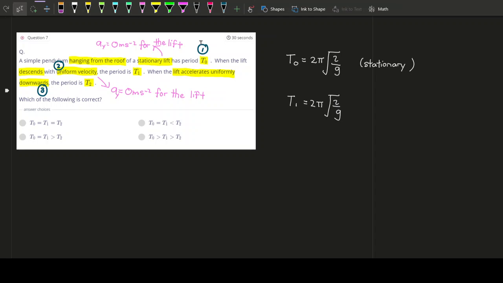For these two cases, since they are equivalent to each other, uniform velocity is equivalent to at rest, it's just that at rest the velocity is 0. It's still a uniform velocity, just that the velocity is 0. So there's not much difference between case 1 and case 2. It's still valid for us to use this formula here.